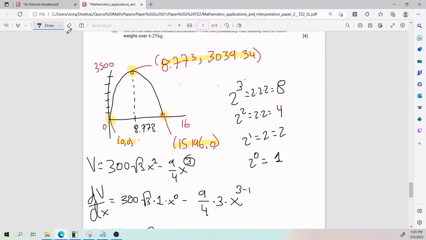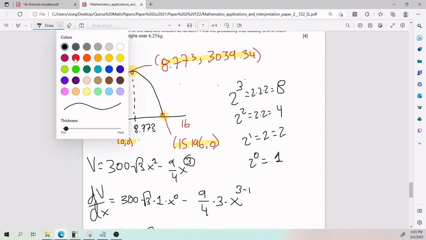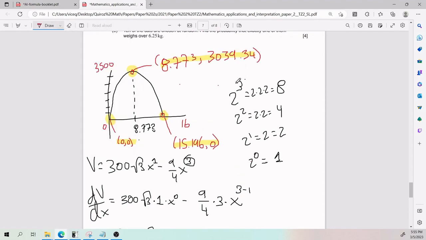Why is it going to be 1? There's a couple ways of looking at it, and the one that's most intuitive to me is that if I go up like this, I am multiplying by 2. So 2 times 2 is 4, 4 times 2 is 8. That is how you go forward. See? If you go backwards, you divide by 2. So 8 divided by 2 is 4, 4 divided by 2 is 2, 2 divided by 2 is 1.